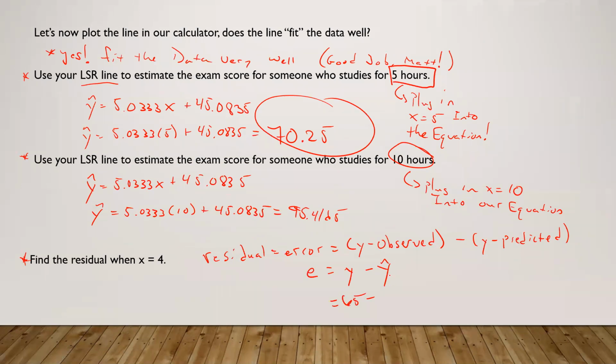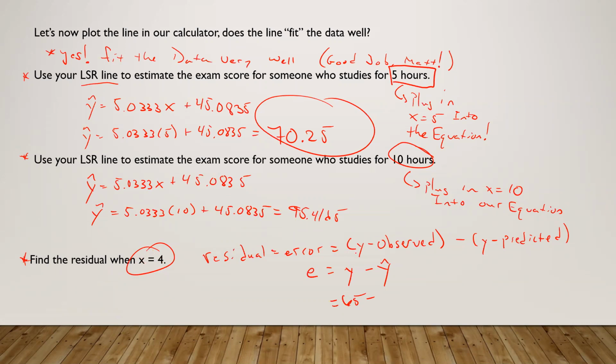How do I find Y predicted? How do I figure out what the model says I should get when X is equal to 4? How far it is from the line. Okay, yep. But I have to find the value of the line when X is equal to 4. How will I do that? You can plug it into the LSR. That's right. Yeah.